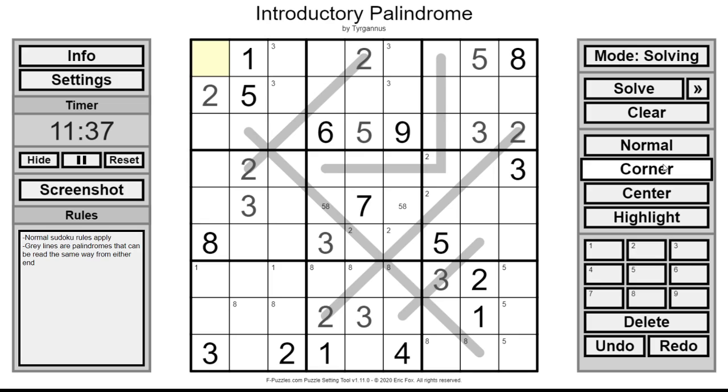That 2 got shoved aside, which is why I told you I was trying not to forget that. This 2 sees this square. So that's a 2, and that's a 2. By Palindrome and by Sudoku.